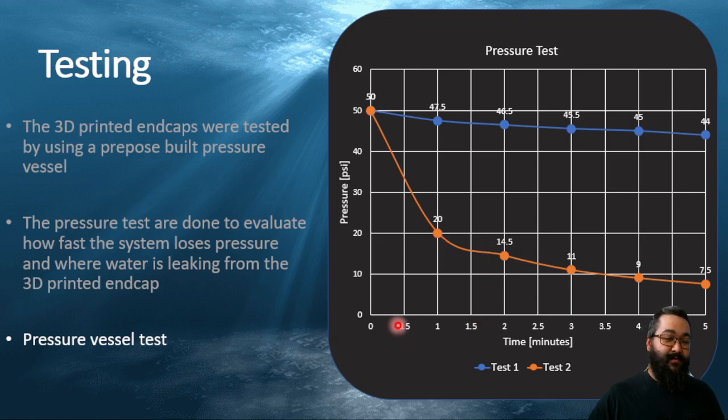The x-axis is time in minutes, and the y-axis is pressure in psi. We can see that there's a huge difference in the two tests, and that really shows that the extrusion modifier played a really big part in making it hold in the system.